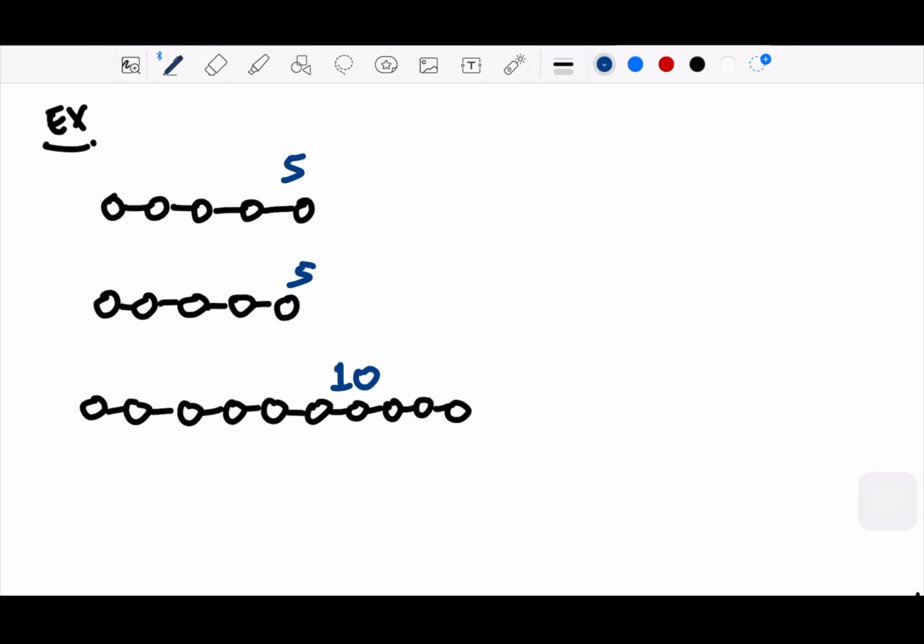Of course, from these molecules, we can know the length, right? We can know the length from how many molecules are in there. So if we take the average of the length, because there are only 3, we can just do 1 multiplied by 5 plus 1 multiplied by 5 plus 1 multiplied by 10, divided by 3, the average.